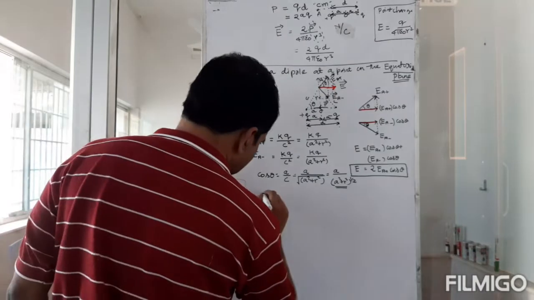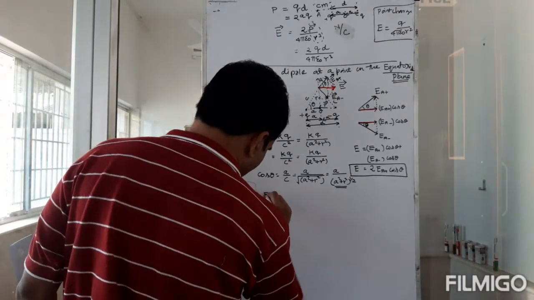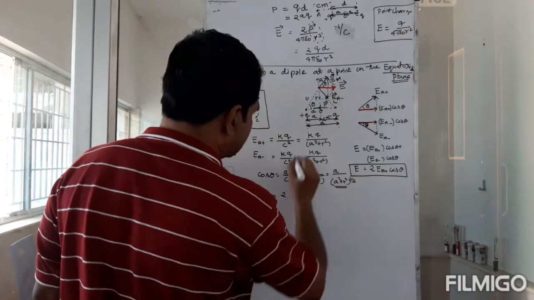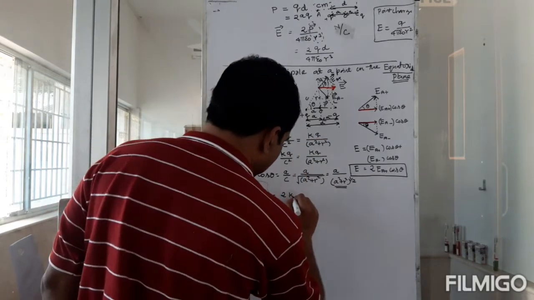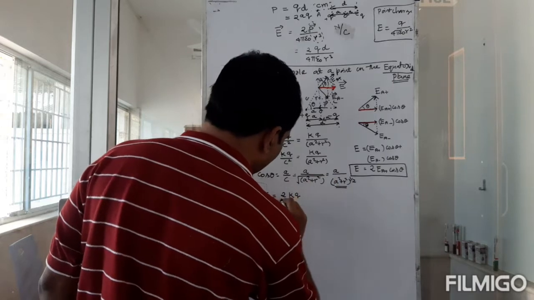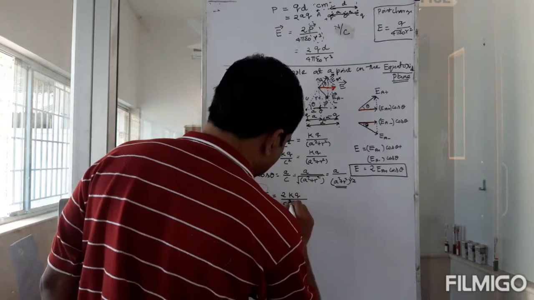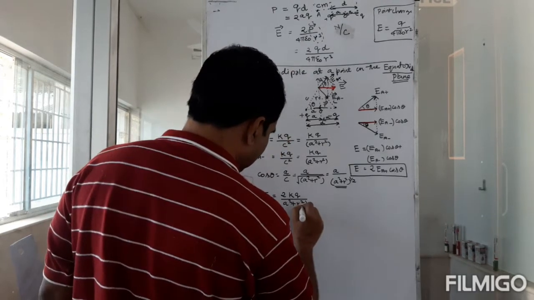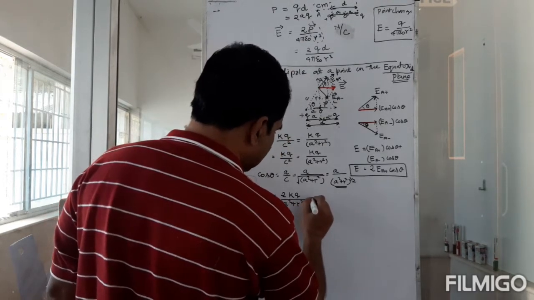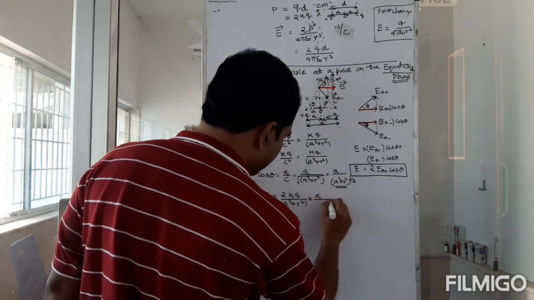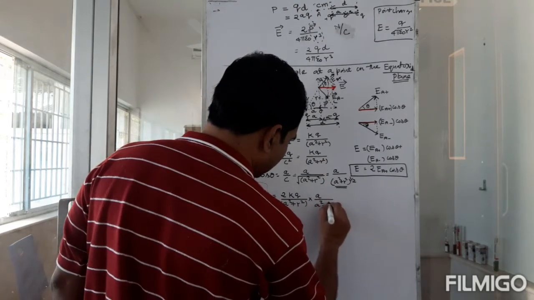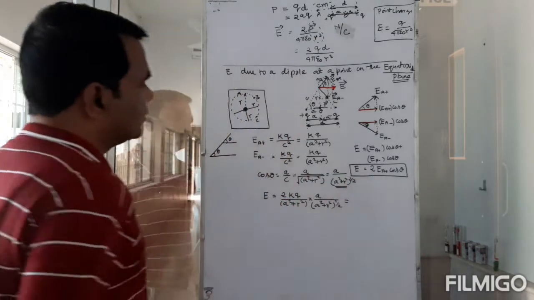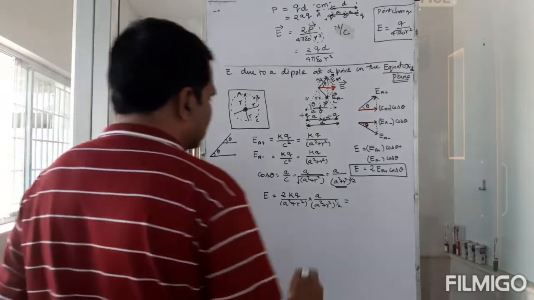So E now is equal to 2, and EA plus is K cube by A squared plus R squared. Okay, wonderful. And cos theta is actually A by A squared plus R squared power half. If you combine these two, what happens?